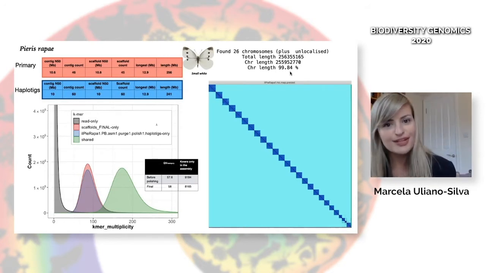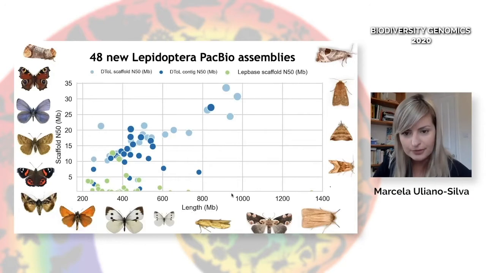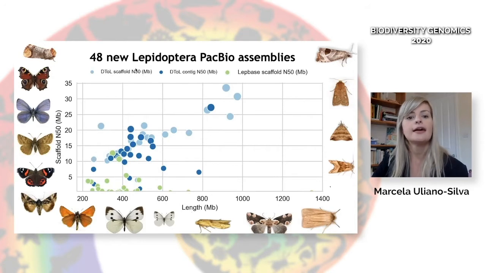So I'm just showing you here two assemblies, but we have many more, but we only have 12 minutes. This is a plot of the scaffold N50 versus the genome length for our Darwin Tree of Life assemblies. The ones that have complete data are the light blue, and the ones that have only PacBio data so far are the dark blue.